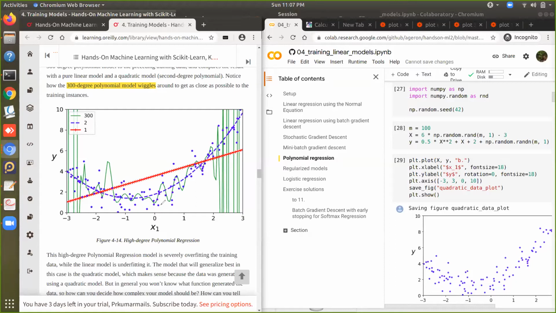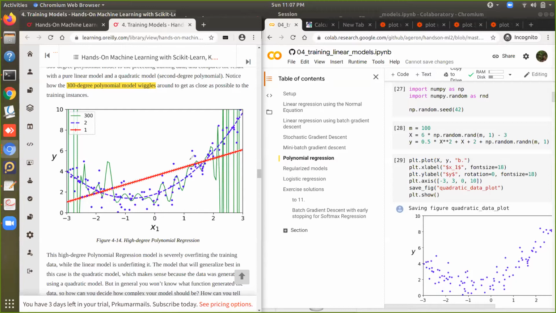When we try the second-order degree, that is x1 squared and x1, as a synthetic feature, the learning performs somewhat better. The distance is getting reduced, the difference between the predicted value and the ground truth got reduced. So some learning is better here.